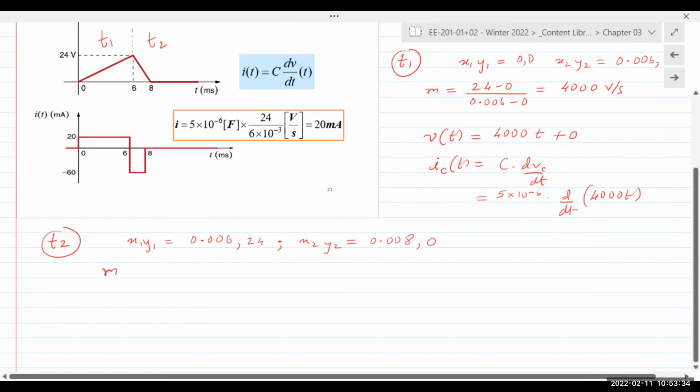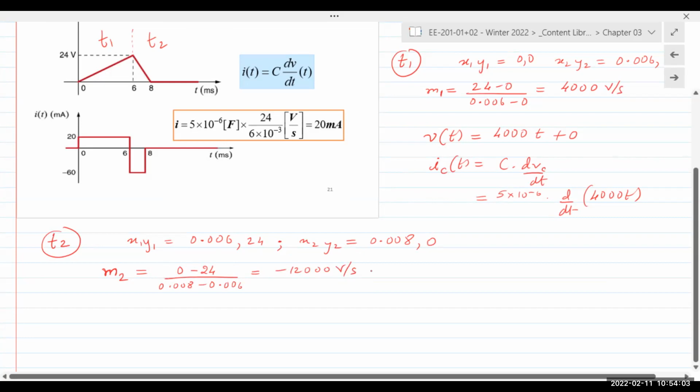So slope M2, let's call the first one M1, slope M2 is going to be 0 minus 24 over the time difference. And I get minus 12,000 volts per second.